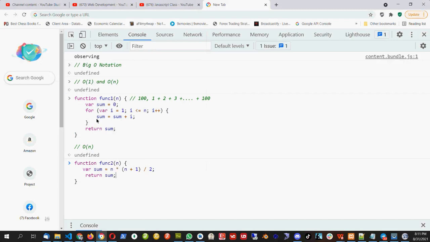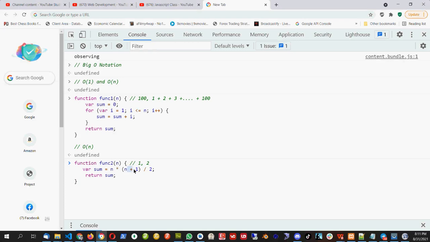Okay, so these are the two functions I created to do the same thing. Now let's see what is the complexity of this function. So in this function, one operation is this assignment operator. Second operation is this multiplication, so let's say 2.